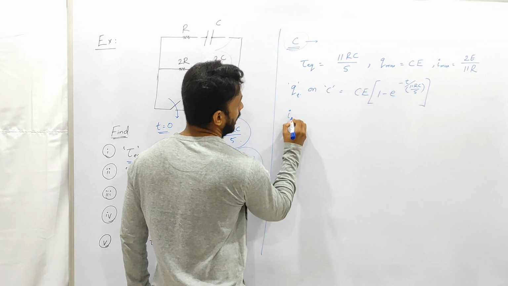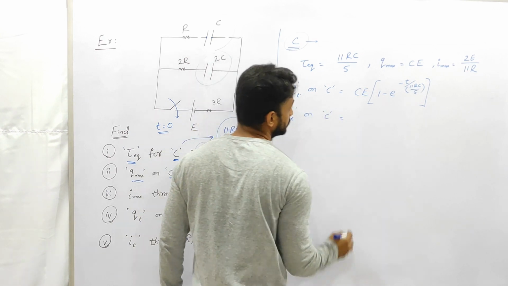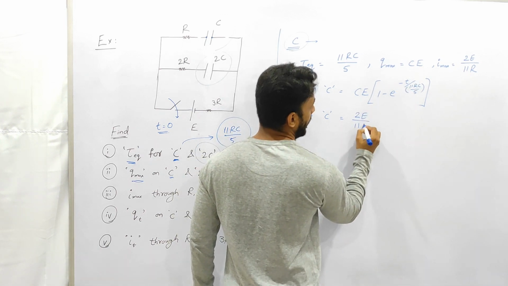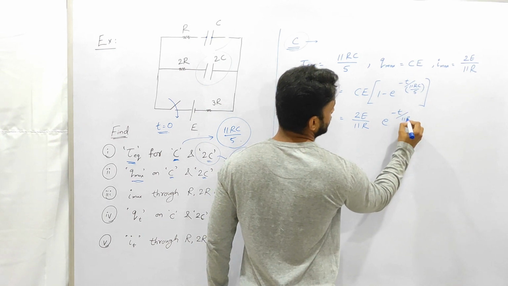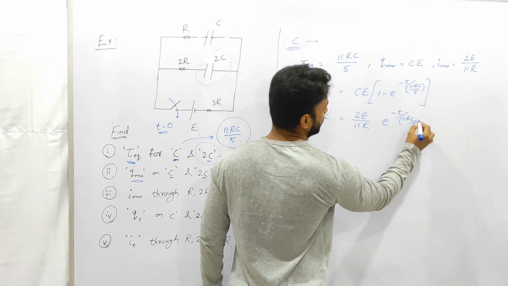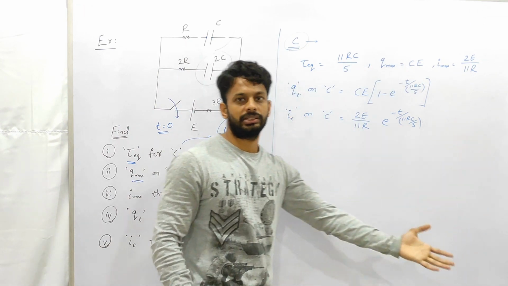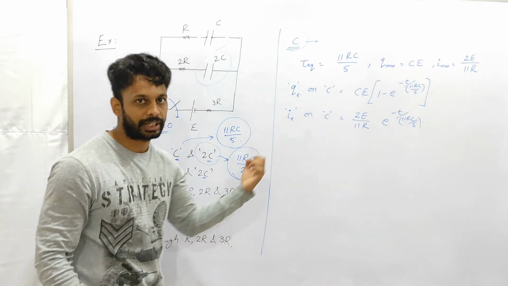Now, I as a function of time on C is I max into e power minus t by tau equivalent, that is 11RC by 5. As simple as that. So we just need to find tau equivalent, Q max and I max for any capacitor in the given circuit. Then we can find Q as a function of time and I as a function of time.